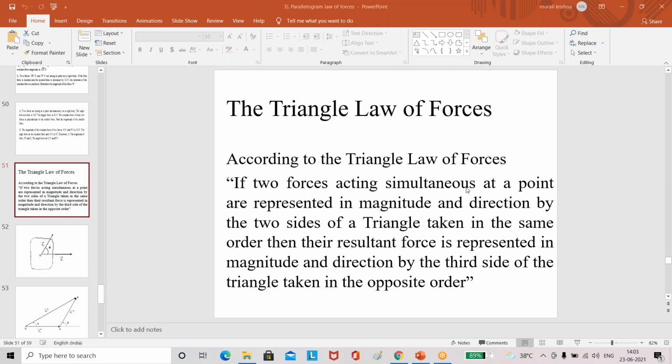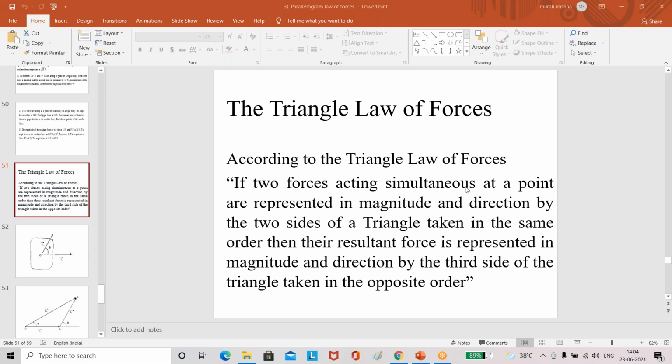Then the diagonal of the parallelogram, OC bar, is the resultant force of F1 bar, F2 bar. That entire parallelogram is prepared on the white paper to find out the resultant force Fr bar of the two coplanar concurrent forces F1 bar and F2 bar. So we consider that parallelogram law of forces is a graphical method.